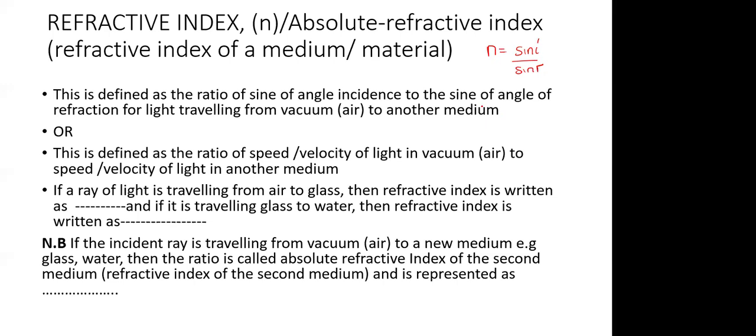But we can as well define refraction in terms of speed. You can say it is the ratio of the speed of light in vacuum to the speed of light in another medium. Please, you need to be very specific. When they ask you, what is absolute refractive index, please do not get confused.